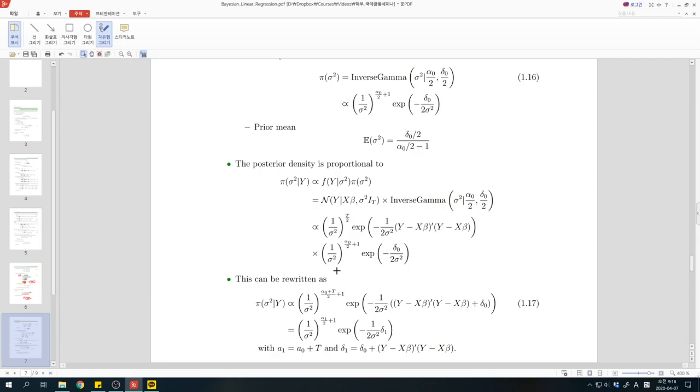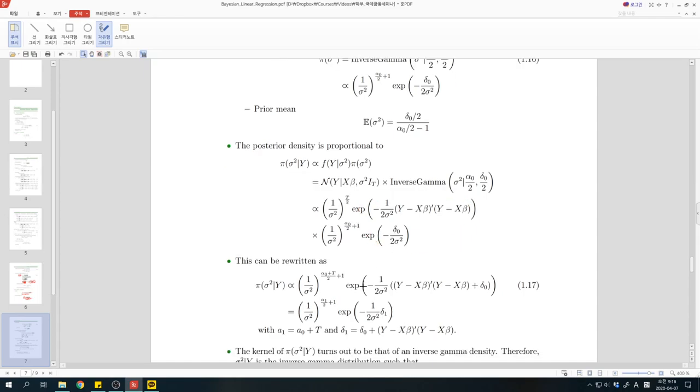So we can put these together, and these two exponential functions together, and this is what we have. Here, capital T over 2 plus alpha 0 divided by 2 plus 1. That's why we have this. Here is 1 over 2 sigma square, and here is another 1 over 2 sigma square.